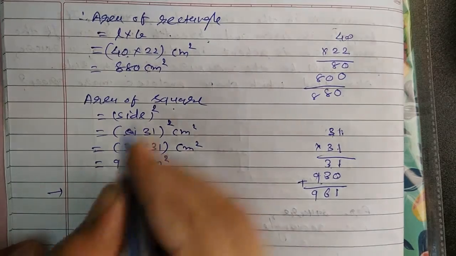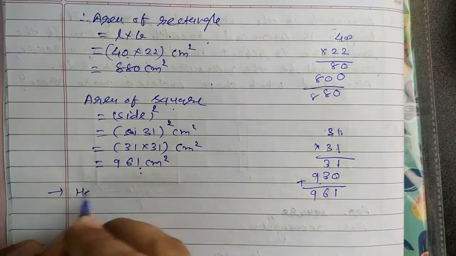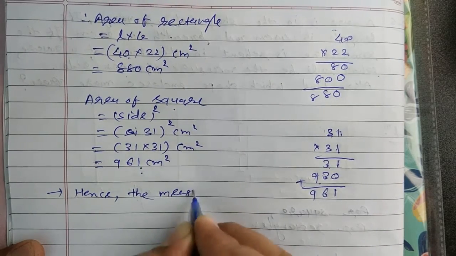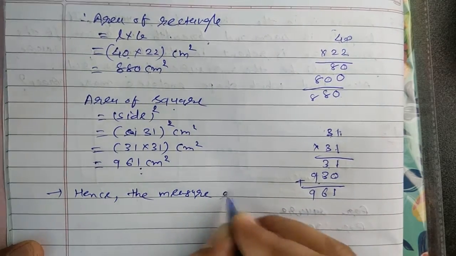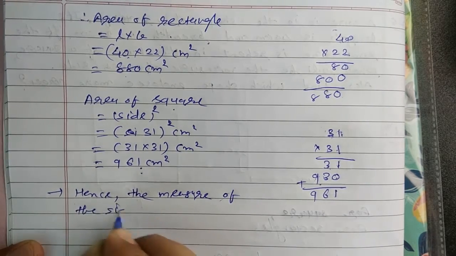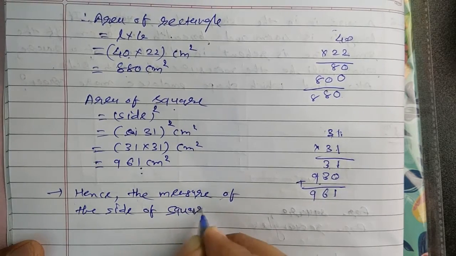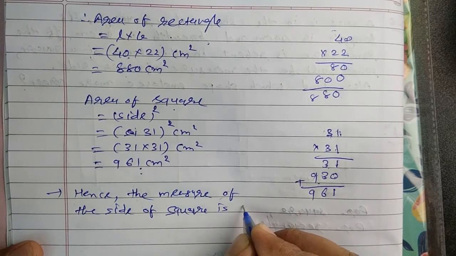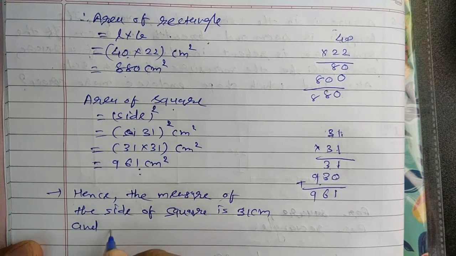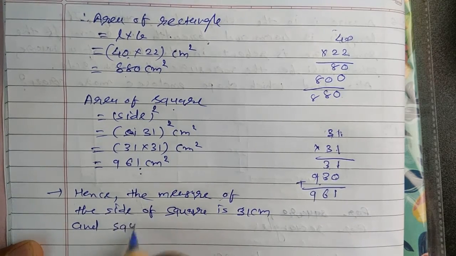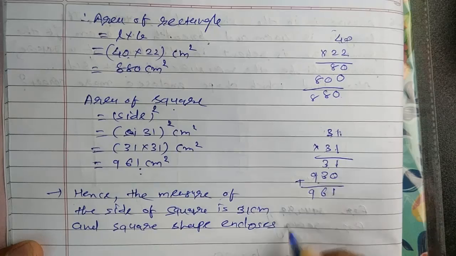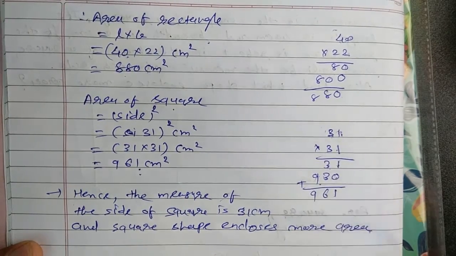So we can write, hence, first we found the measure of the side of the square is 31 centimeter, and the square shape encloses more area.